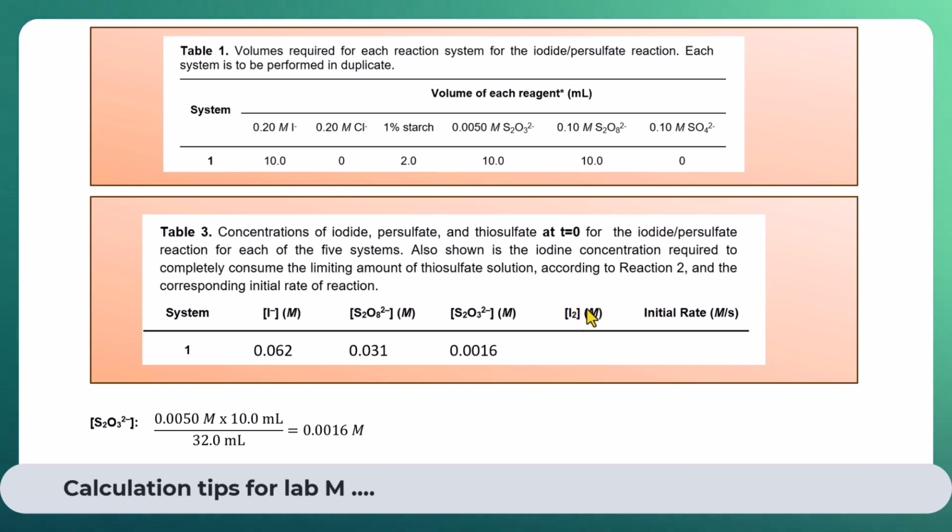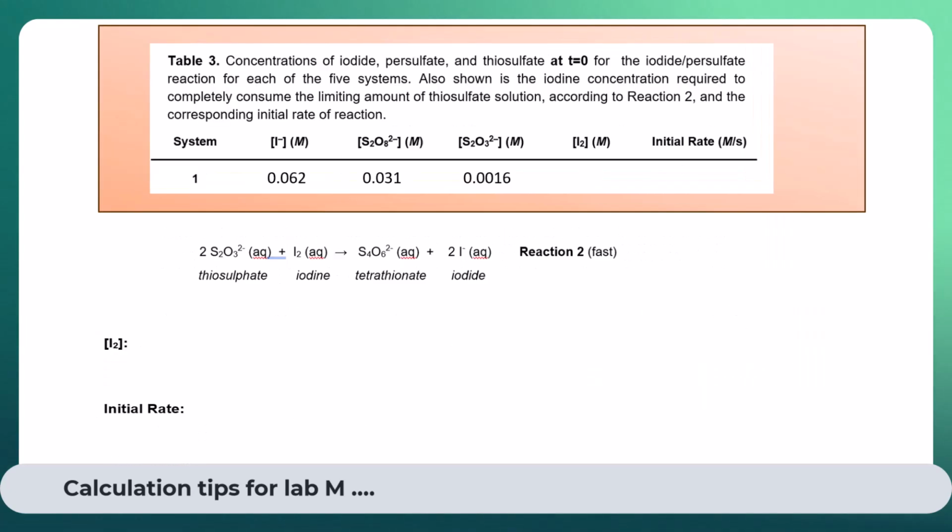Now finally, we need to determine what is the iodine concentration that is produced at the time that we see that blue color. That is, what is the amount of iodine that needs to be produced to use up this quantity of thiosulfate? So here I show you in the next slide.